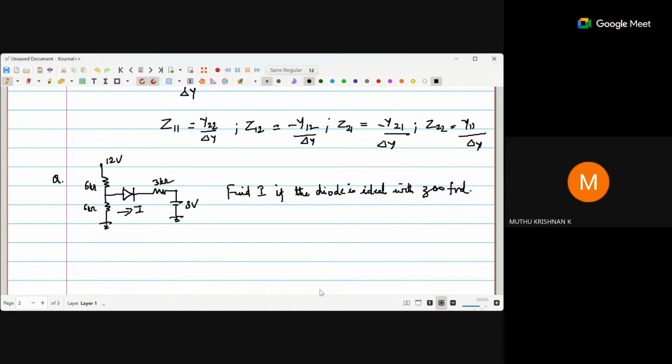Is it 1 amps? 1 milliamps. Yes, 1 milliamps.